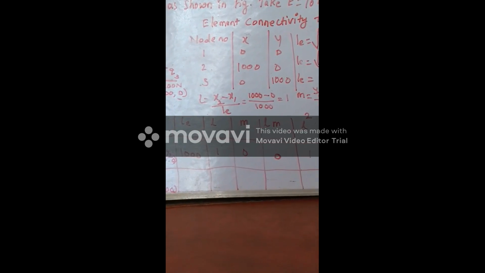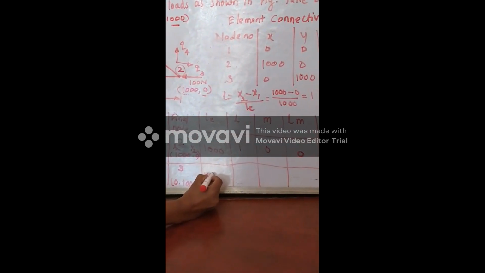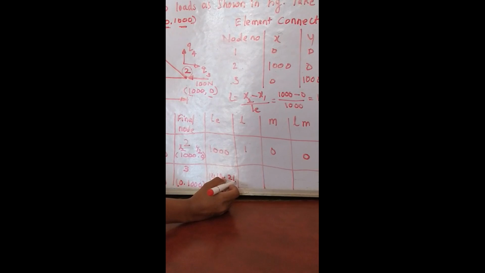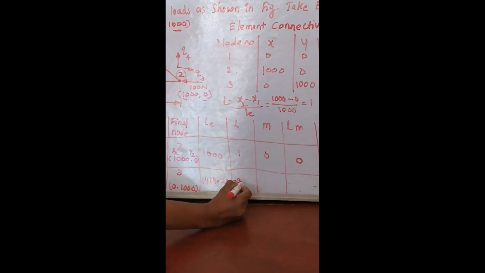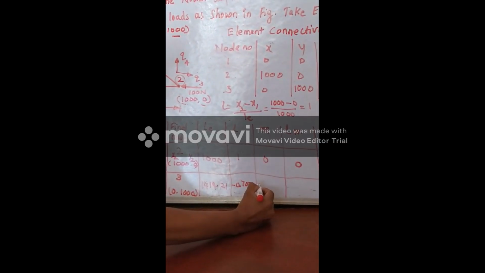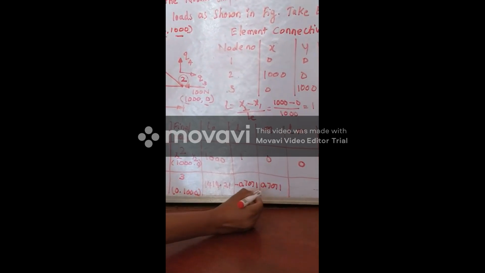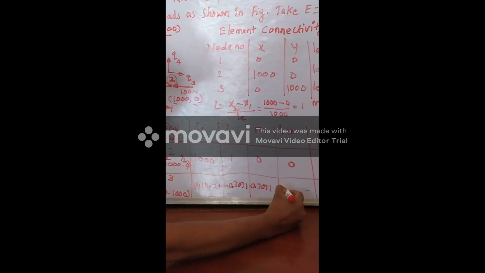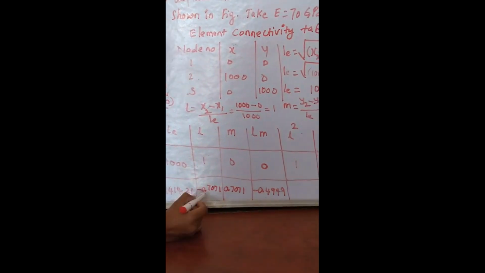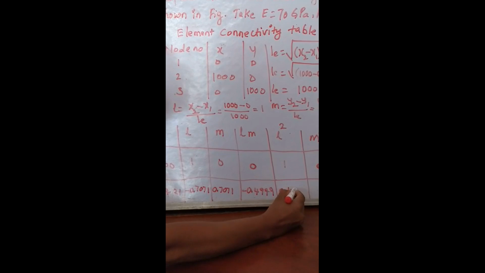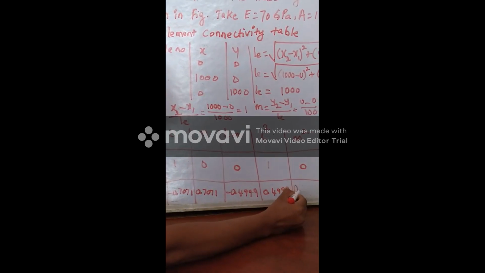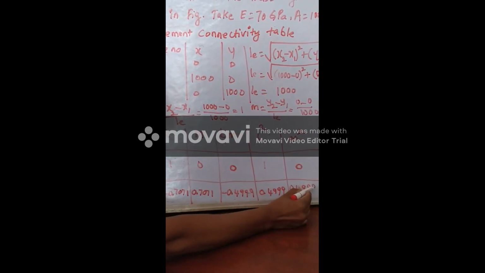The length of the element will be 14.21, direction cosine L will be minus 0.7071, direction cosine m will be 0.7071, and the product of L into m will be minus 0.4999, L square will be 0.4999, and m square will again be 0.4999.